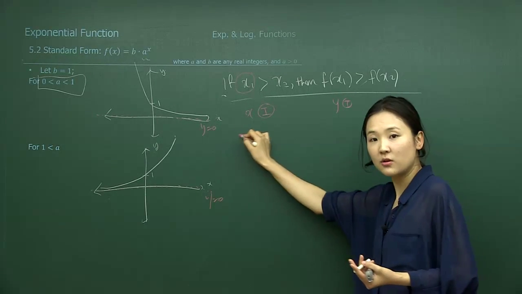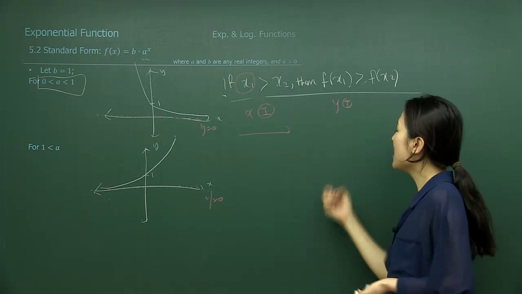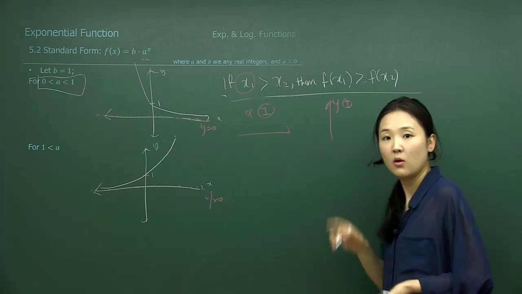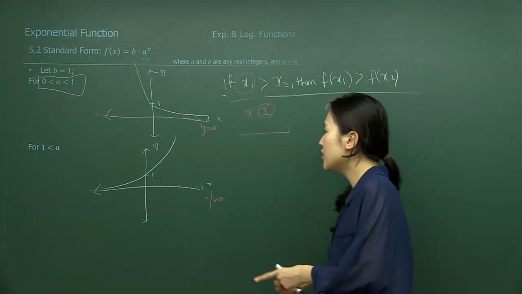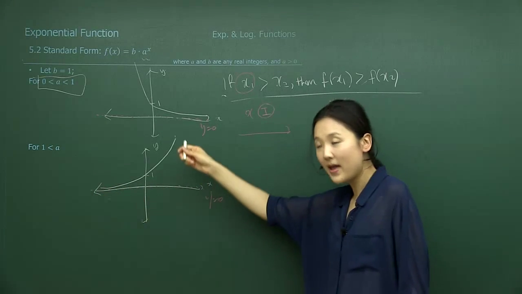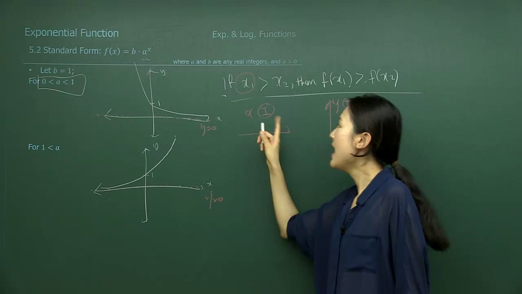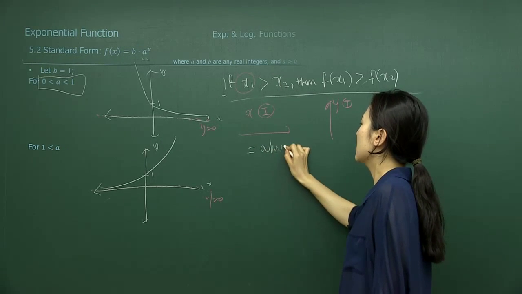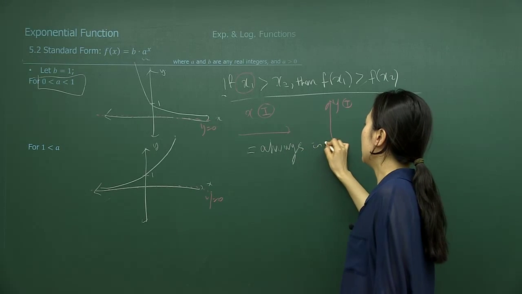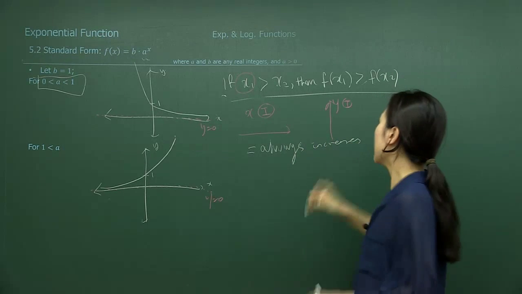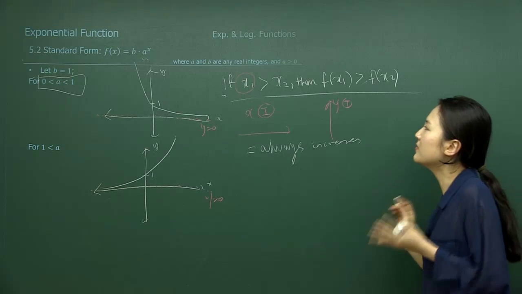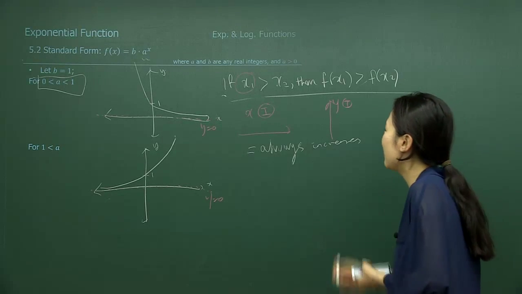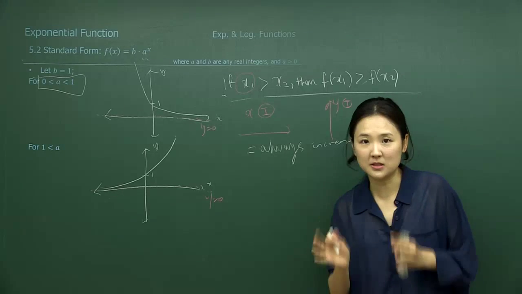X increases to the right, y increases upward. What does that mean? Your function will be going up as you go to the right. Hence, this basically means that your function is always increasing. So sometimes you're asked to find a function graph or a function equation that satisfies the following statement.